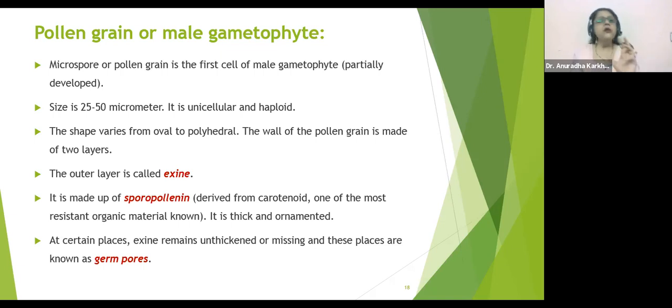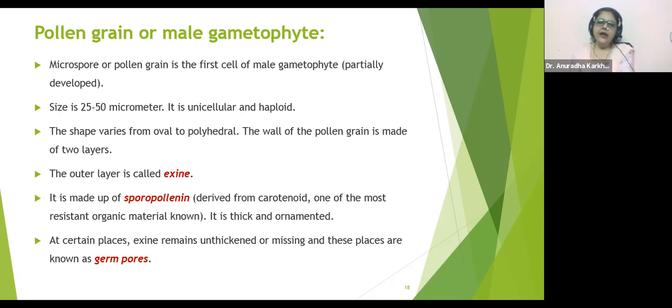So sporopollenin is one of the toughest, most resistant substances. Organic substance, what do you mean by the word organic? The substance containing carbon. Wherever carbon is present, we call it an organic substance. Correct? Yes, Vedant, correct. Absolutely correct answer.